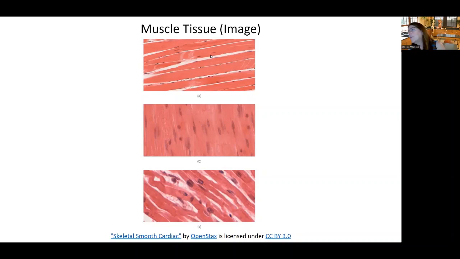If we come down a little bit further, again, a little tricky to tell right here, but these branching fibers, if we could zoom in on them, they're also striated. That's going to be cardiac muscle. Now, with these cardiac muscle fibers, you notice how there's little spaces between them.